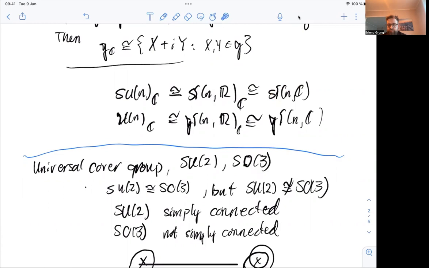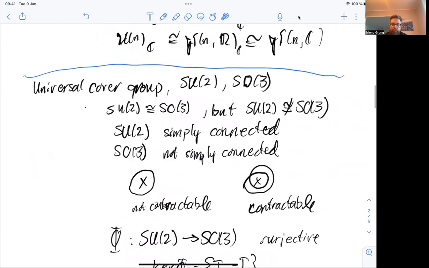So that's the main takeaway. The important thing is that you know that if there is a real Lie algebra, then you can complexify it, and that the definition of the Lie bracket extends to this complexified vector space.